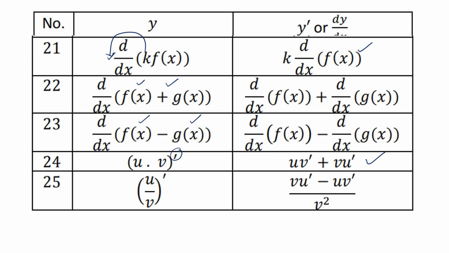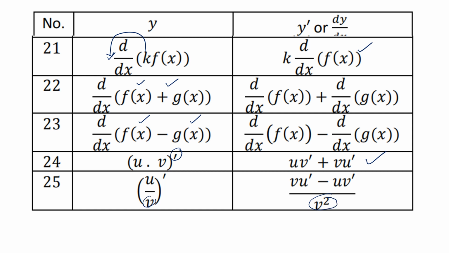Same idea, now derivative of u by v. So u is one function in x, v is another function in x. So we can find out the quotient u by v, derivative of quotient function. So what we are having, in the denominator you have to see here v square.